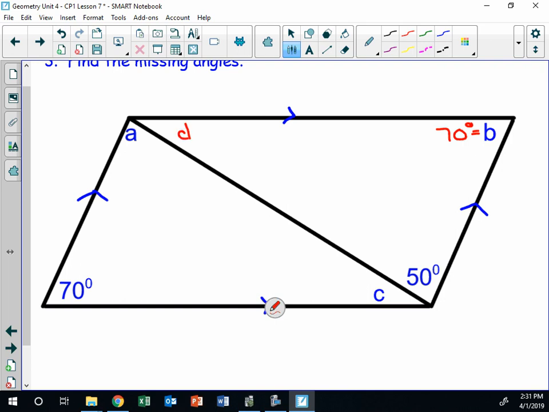Let's go with D. D plus 70 plus 50 equals 180. And then we can work through and solve for D. D plus 120 equals 180. D equals 60.